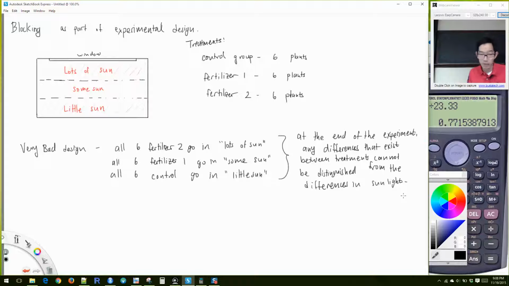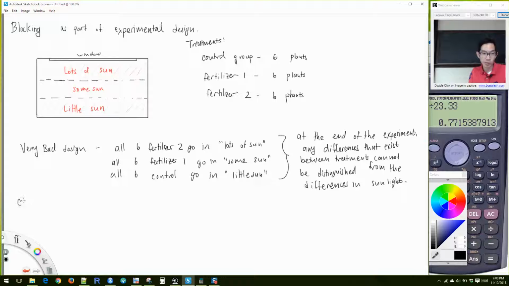Okay, and so because of that, this would be a very bad design, right? Because if let's say all the plants in fertilizer 2 grow the most, is it because fertilizer 2 is super effective, or is it just because they got lots of sunlight? We don't know. So that's bad, okay?